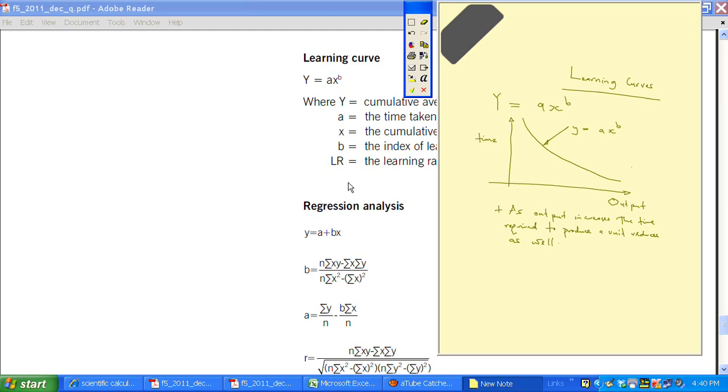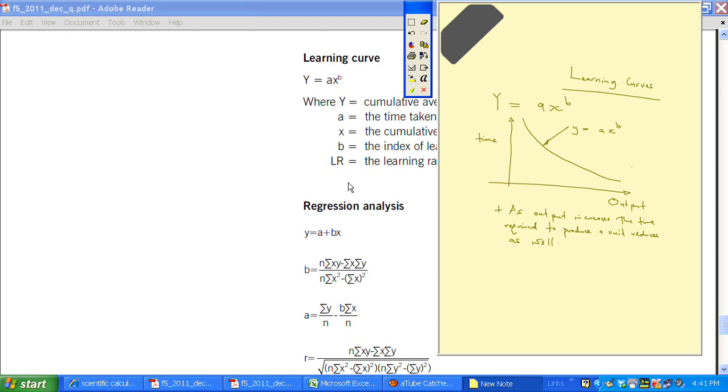So that's the basic concept. You can think of any activity. Even in your studies, the first time you look at a particular question, you will take much more time trying to grasp it. If you look at the same example once again, it becomes much easier. And the third time, it will take you much less time.